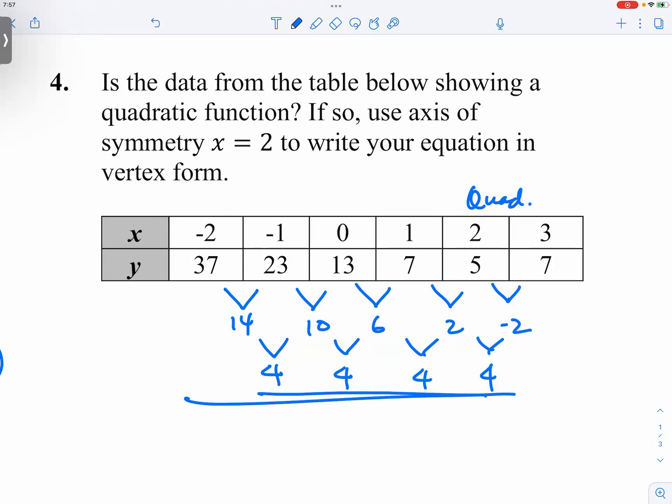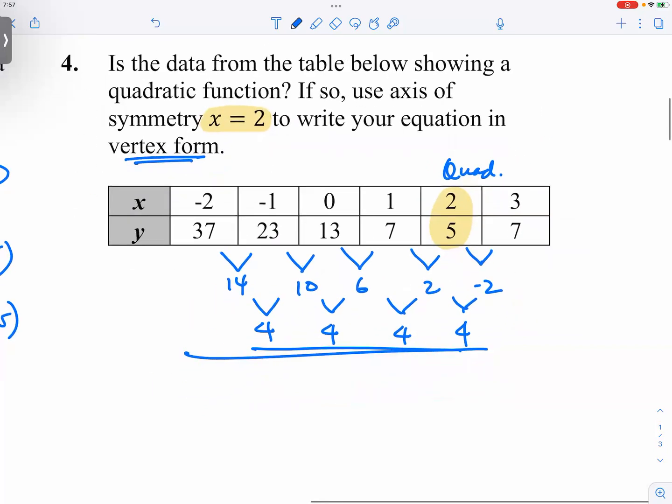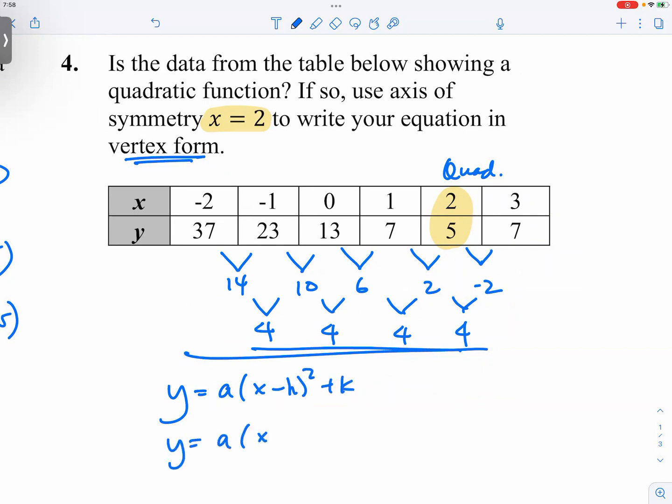Y-intercept, and also because we're writing, you have the vertex, because your axis of symmetry is x equals 2. So I actually gave you the vertex already. So make sure you say thank you. Okay. And then we say, oh, that's wonderful. So that means the only thing that's left is my a value, because I know my vertex.